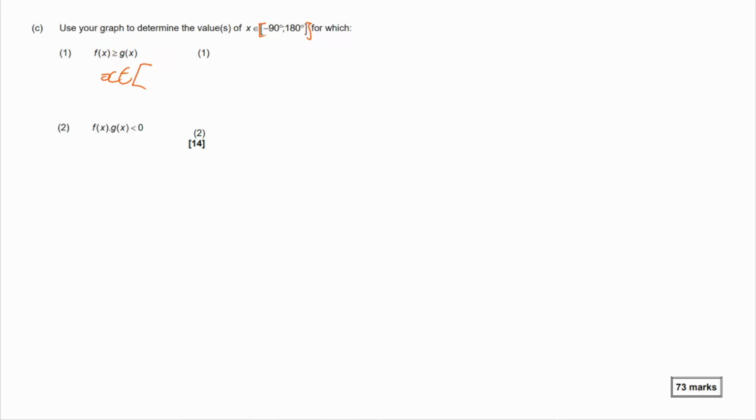The graphs are equal at 15, so we can include that, all the way up until 180 degrees, also included. That would be our answer. You can also put it in set builder notation, where you would say x is between this.